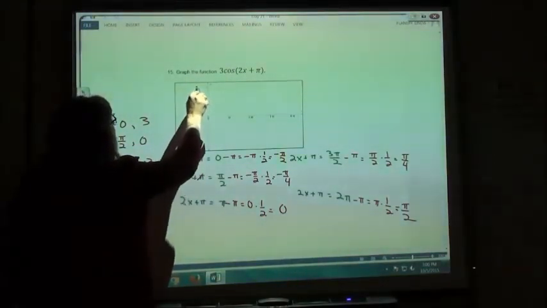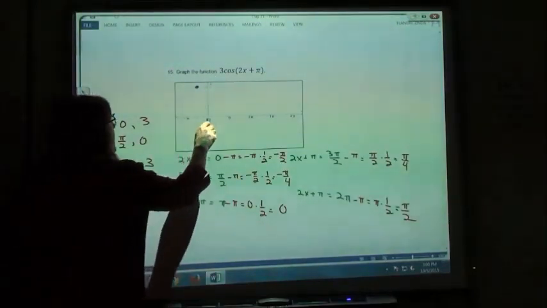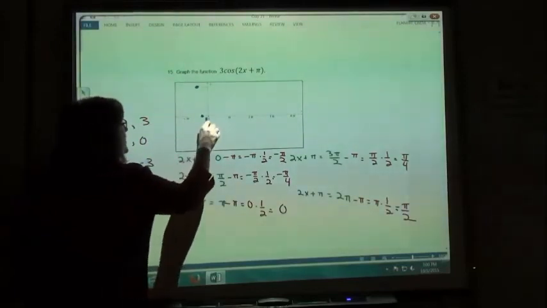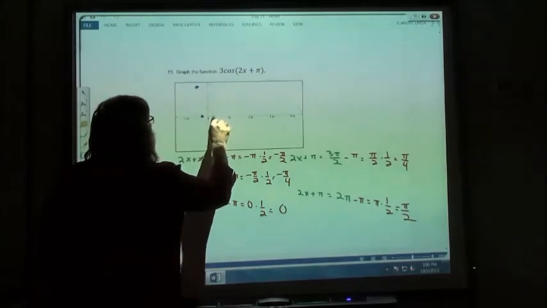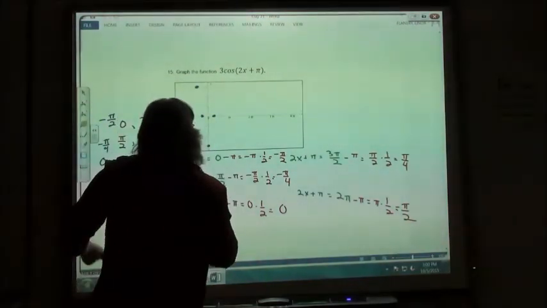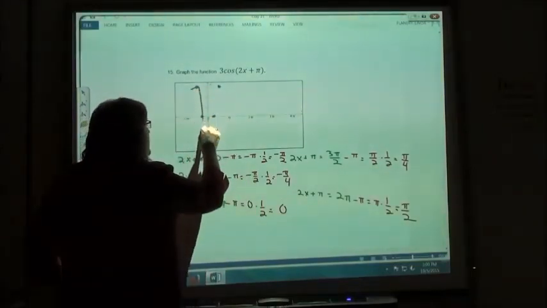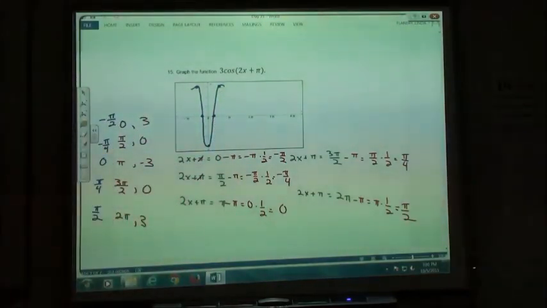And then positive 3, because I'm doing the cosine curve, I go up first. Negative pi over 4 is at 0. At 0, we're down to negative 3. At pi over 4, we're at 0. And at pi over 2, I'm back up at 3. And so my cosine curve looks something sort of like that, all smushed together.